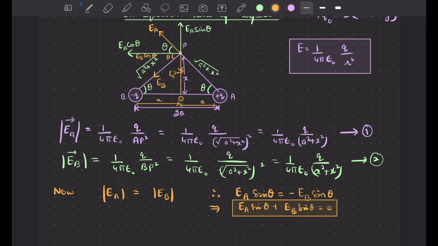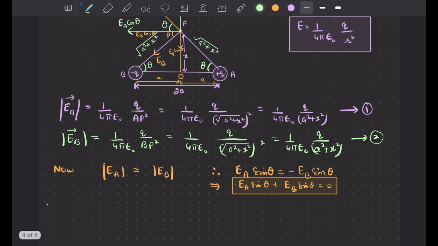Now we need to focus on the point that the components EA cos theta and EB cos theta both are acting along the same direction, along the same line. That is why the net effect on the equatorial line at point P will be along this direction, and it will be because of the components EA cos theta and EB cos theta.